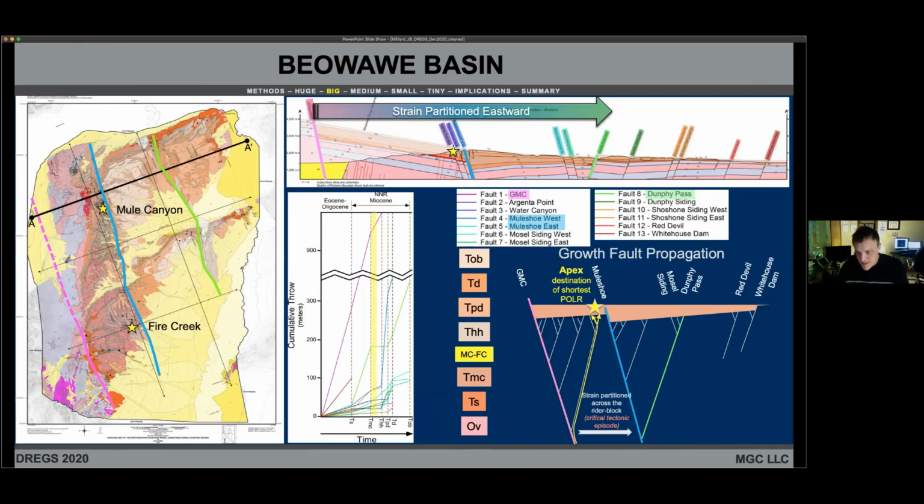The real thing here is that as strain is being partitioned from the GMC faults over to the Mule Shoe fault, you're really creating a lot of co-seismic permeability as all these antithetic faults and fabric within this block. And really, this is a fault-bound block. So it's really a horse block, or I call it a rider block. You're creating short-lived permeability when all the strain is focused here, hydrothermal fluids and magma.